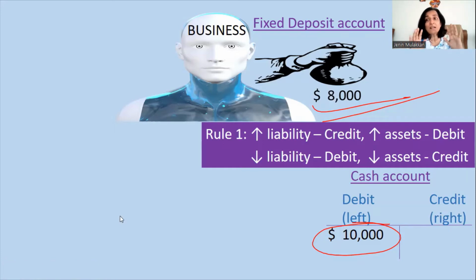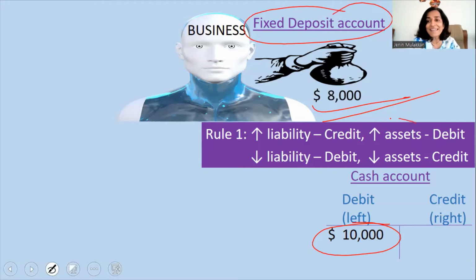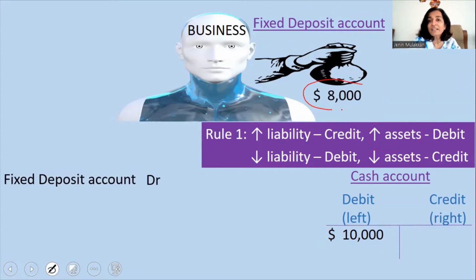Now, the fixed deposit account is also an asset because it is a resource that can be used in future accounting periods. And cash balance is also an asset. So what is happening here? The fixed deposit account, which is an asset, is increasing, in which case we have to debit the fixed deposit account. And cash of $8,000, which is also an asset, is going out.